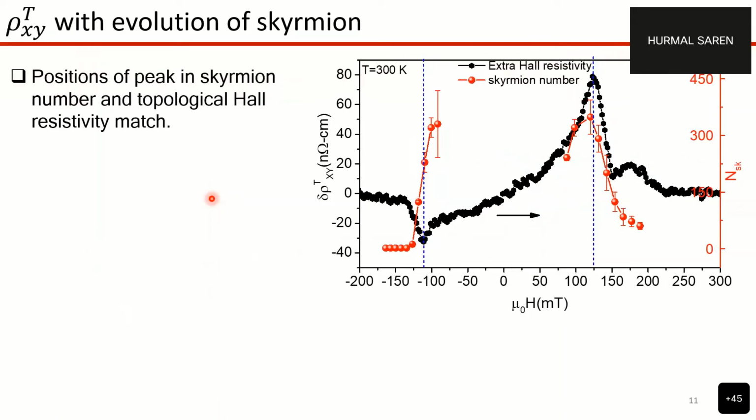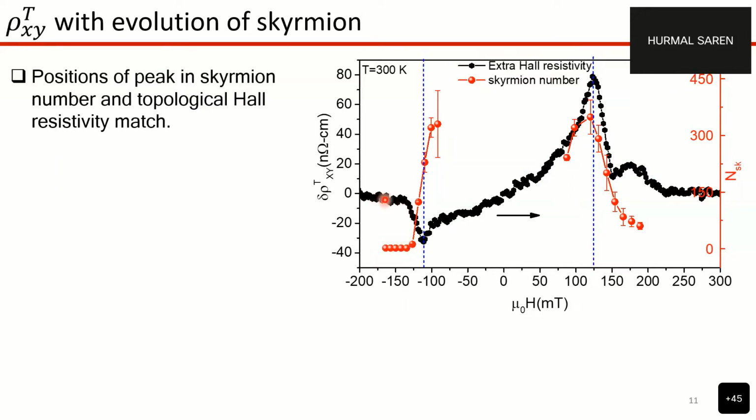Okay, to find the origin of where this extra Hall resistivity or topological Hall resistivity is coming from, I have tried to plot it with the skyrmion number, which has been calculated from the magnetic field dependent data. Just first see the left side: when there is no skyrmion, the skyrmion number is 0.